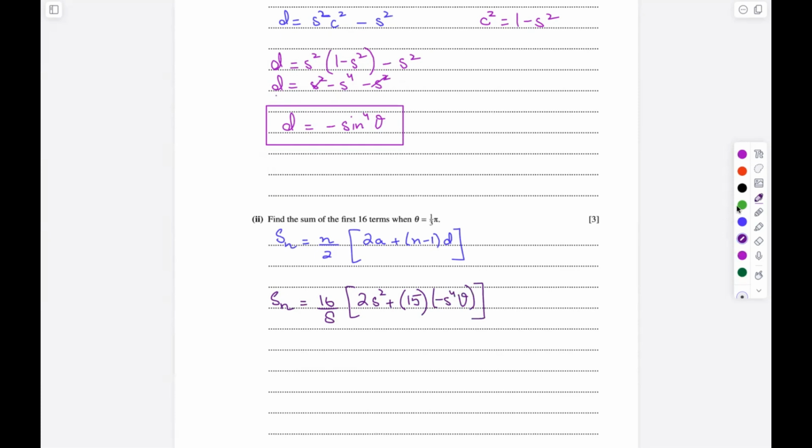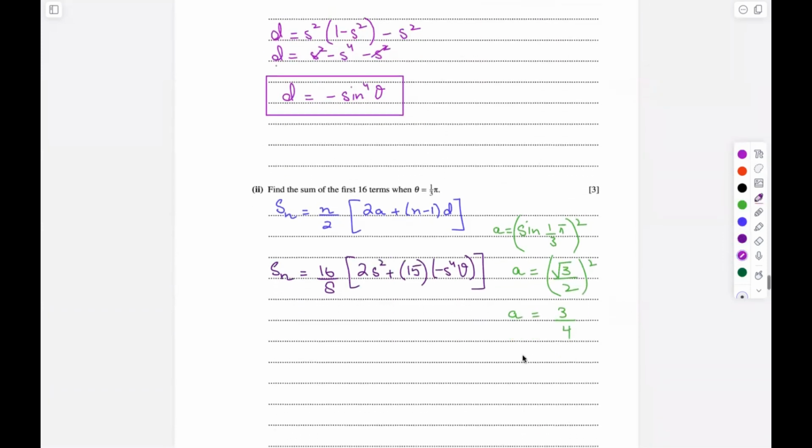Now first finding the values of sine squared and sine to the power of 4. We know that theta is 1 upon 3 pi, so we can write a as sine of 1 upon 3 pi whole squared. Now sine of 1 upon 3 pi, if we substitute this in the calculator, is equal to root 3 upon 2. Squaring root 3 upon 2, root 3 whole squared will be 3 and 2 squared is 4, so a will be 3 upon 4.